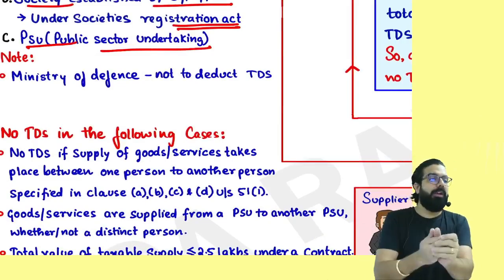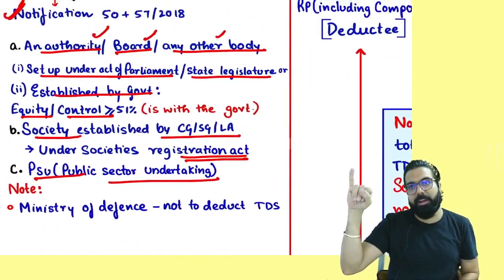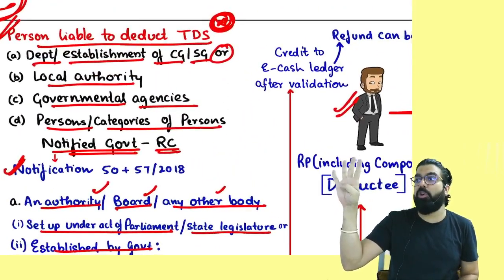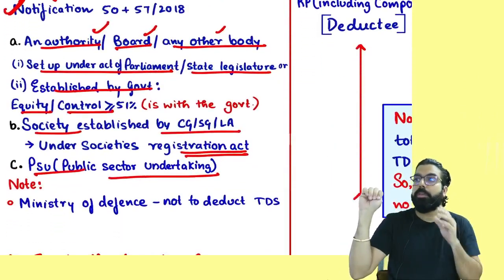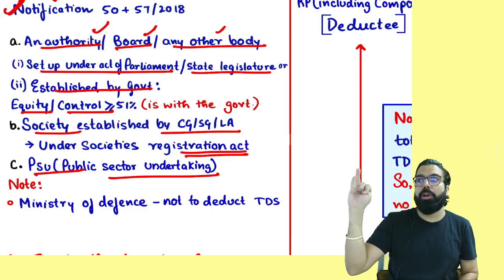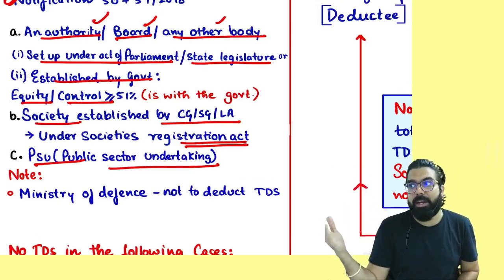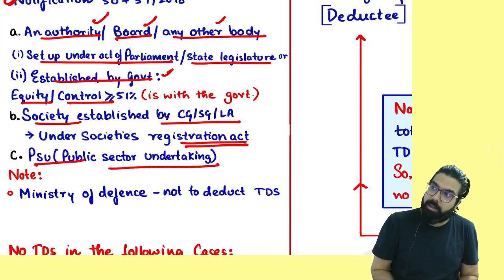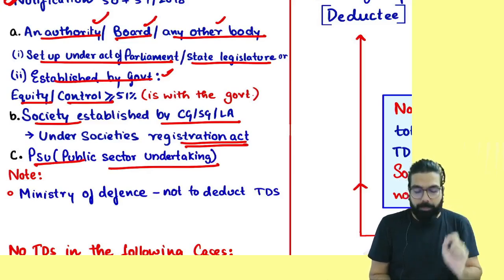Can you tell me, everyone, who are the people who are required to deduct TDS? Department of Central Government, State Government, Local Authority, then governmental agencies, or notified category. Notified category, we have whom? Authority, board, or any other body, then which is set up under an act of parliament or state legislature or established by the government and which government's equity or control is more than 51%.